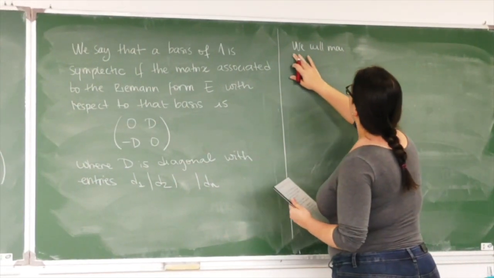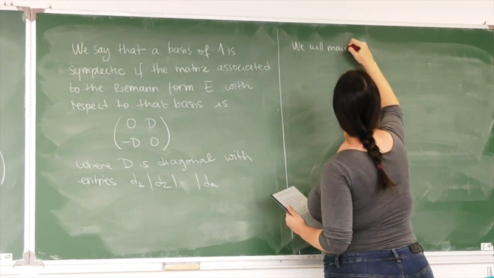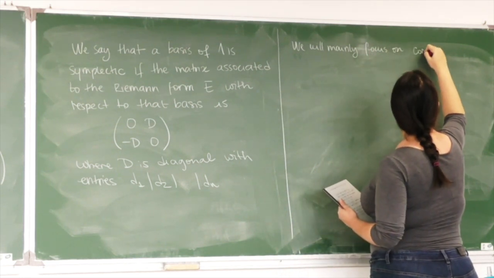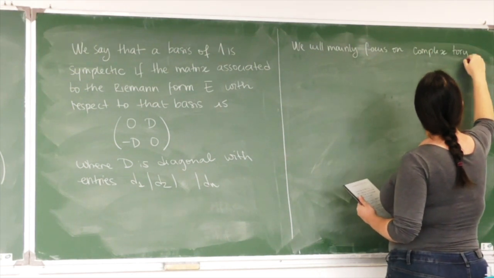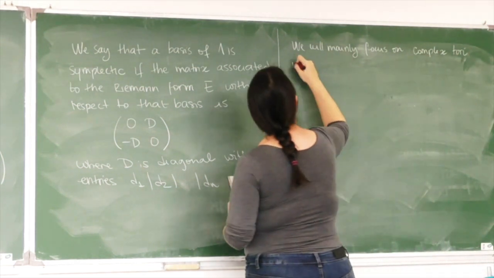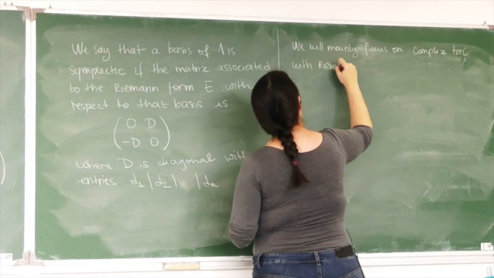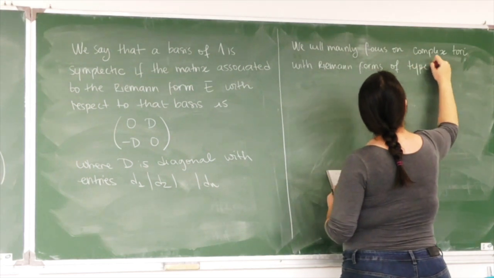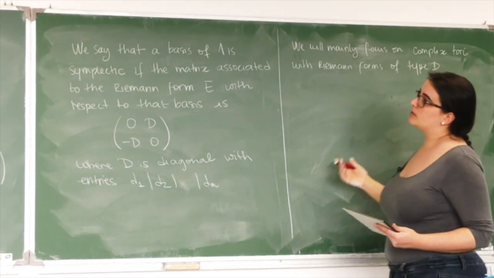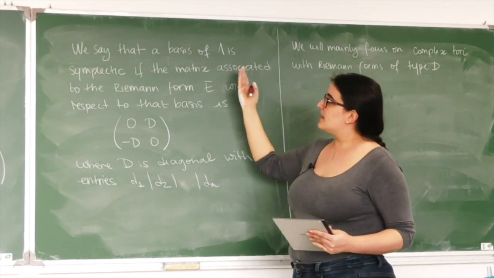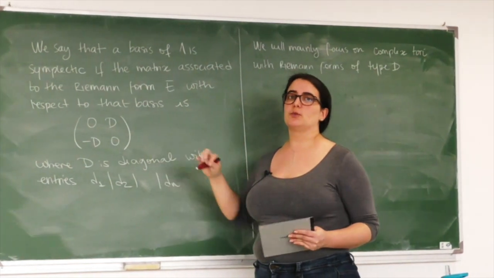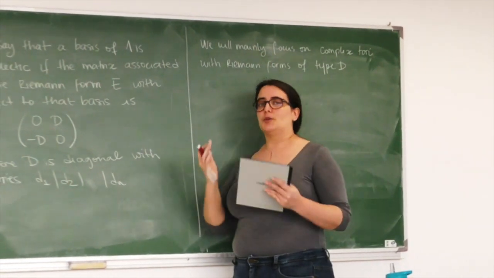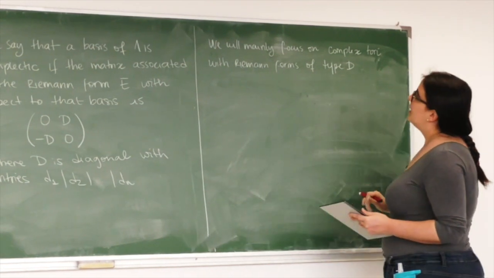But in my course, we will mainly focus on complex tori with Riemann form of type D. So basically, for any complex torus, it's possible to take a symplectic basis of the lattice, and then we always obtain a matrix of this shape, and this shape is what determines what we call the type of the Riemann form, and we will later relate this with isogenies and the degree of an isogeny, etc. But for now, let's keep it at that.